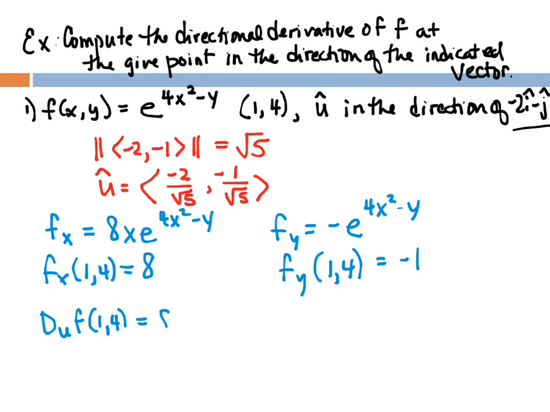So we're going to take 8 times -2 over square root of 5 plus -1 times -1 over square root of 5. What will that give me?